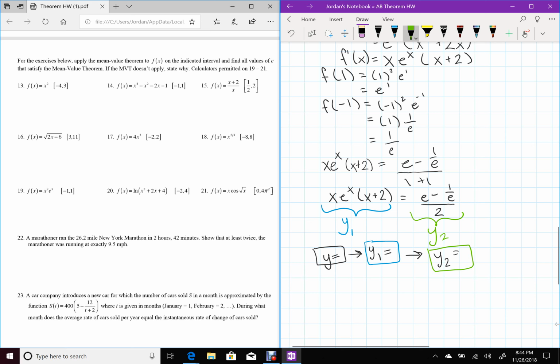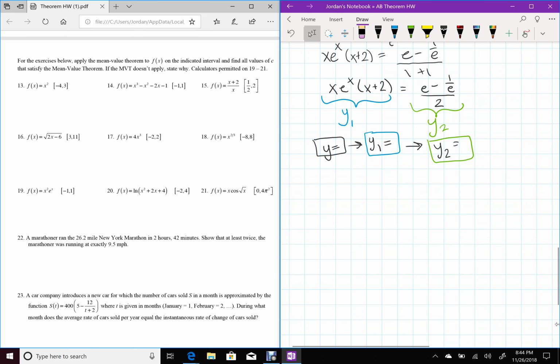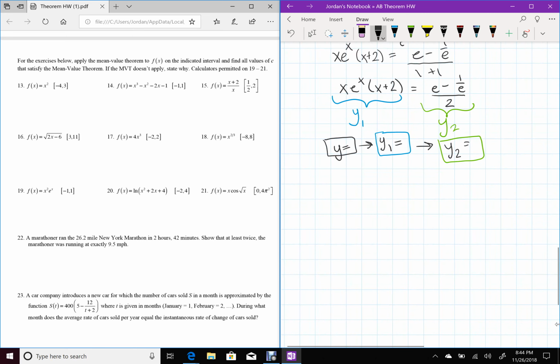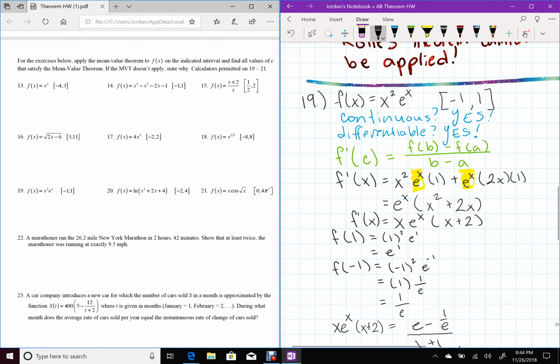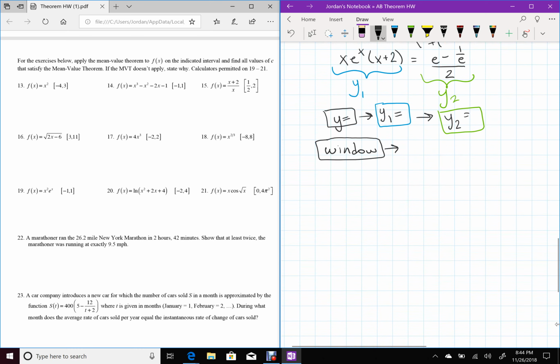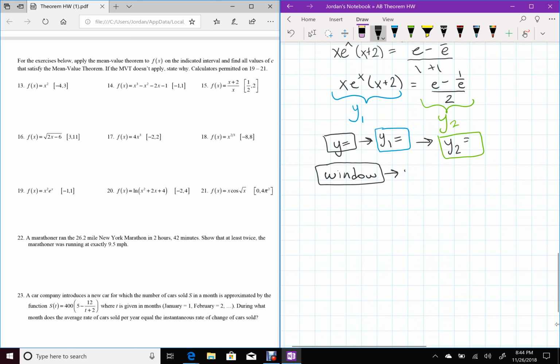create my window. So I'm pressing window on my calculator. And since we know that our boundaries are from -1 to 1, I'm going to set my x min as -1 and my x max as 1.